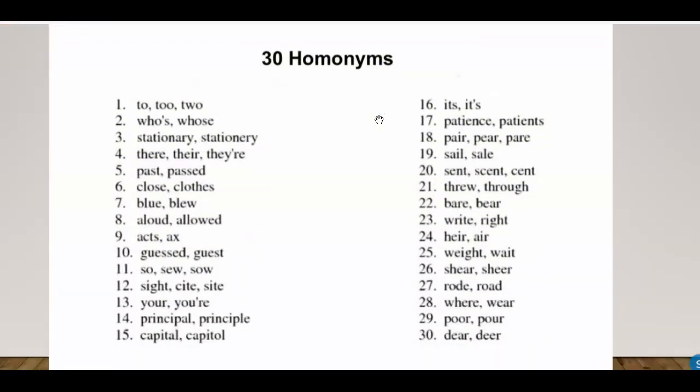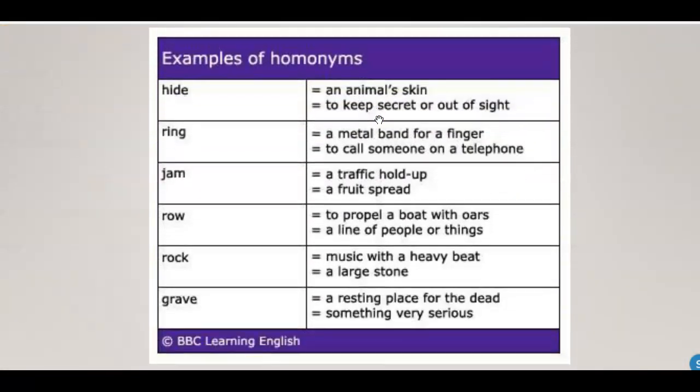Here's a list of several examples of different homonyms in the English language. You can pause the video if you want to look through these. Here are some more homonyms. Again, we have this word, but it has two meanings.